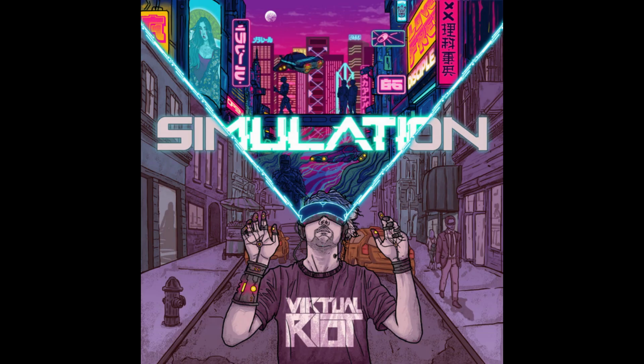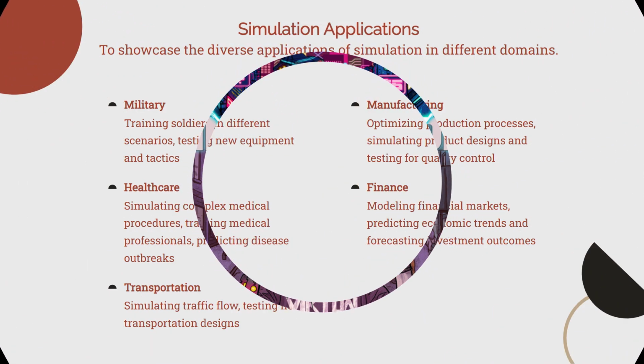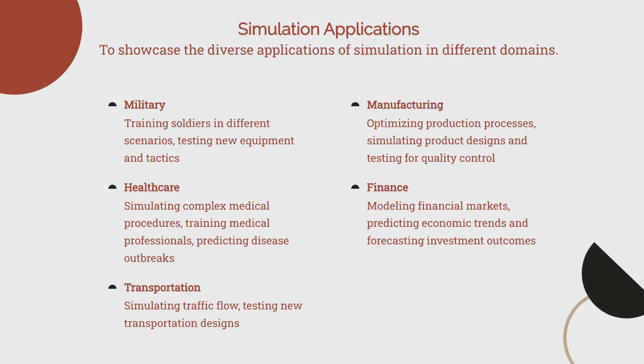Simulation is a powerful tool for decision making as it enables decision makers to test different scenarios and evaluate the impact of changes to system without having to make expensive or time consuming changes to the real world system. Simulation is also a valuable tool for research as it enables researchers to test theories and hypotheses in a controlled environment.